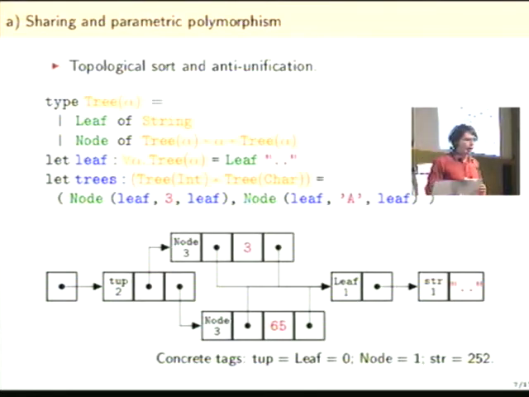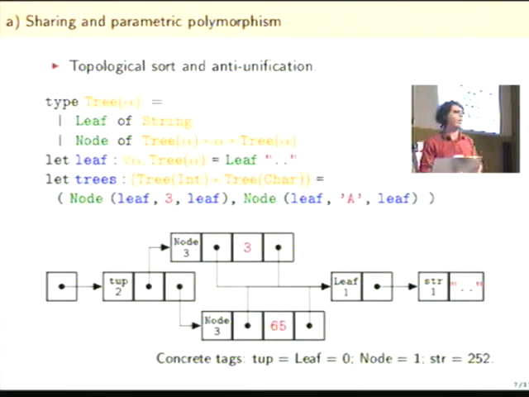Okay. The first step: if we want to be able to unmarshal mutable data, we have to ensure that we do not type check a shared block with multiple different types that are incompatible. So we have to traverse the graph in a topological order. This will allow us to collect all the expected types for a shared block.